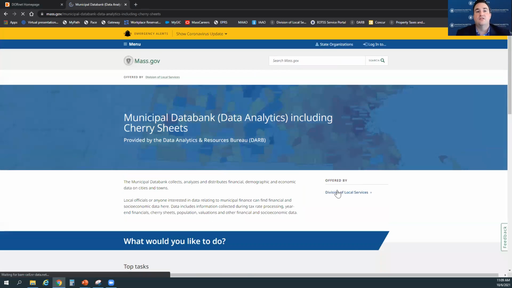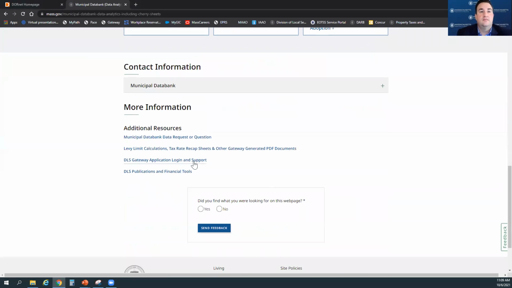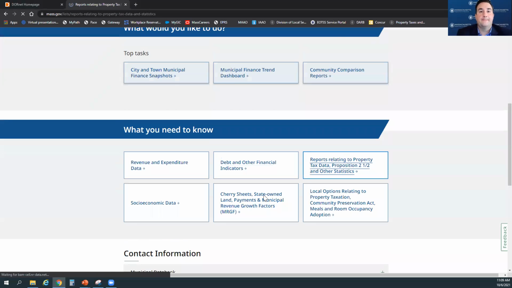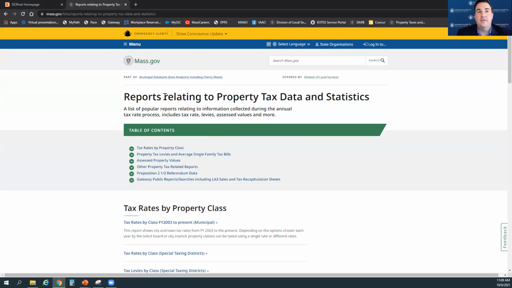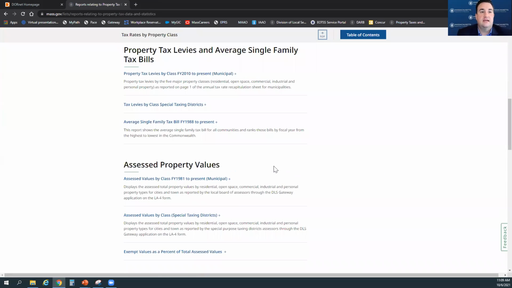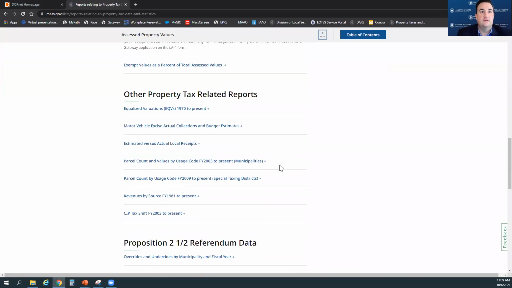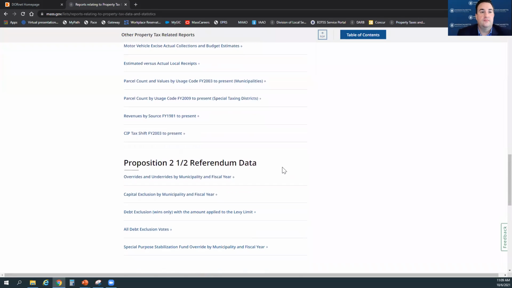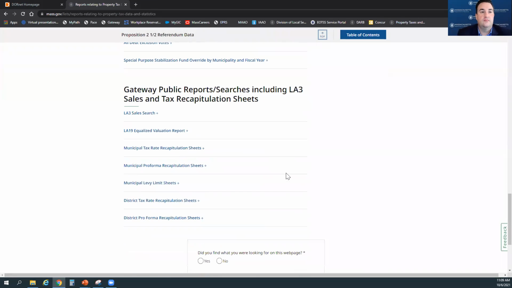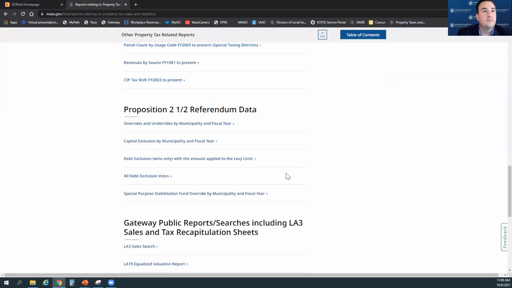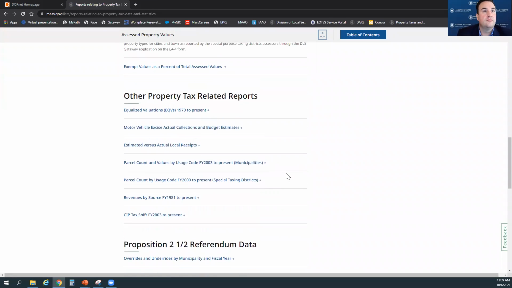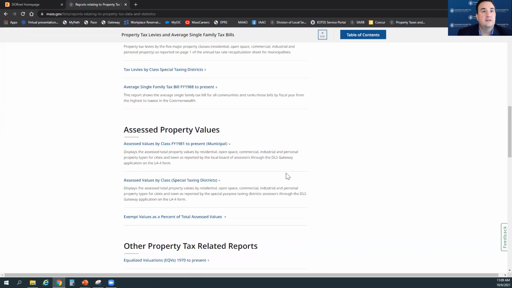So as far as growth estimates, it's going to be under reports for tax data and statistics, and then right down. I think I went too fast here.